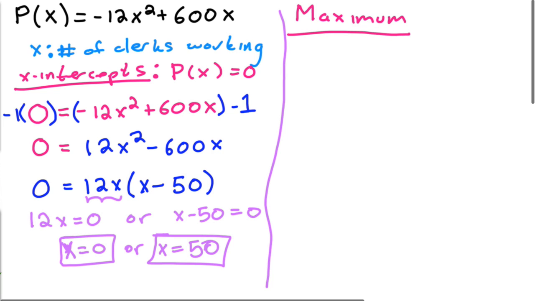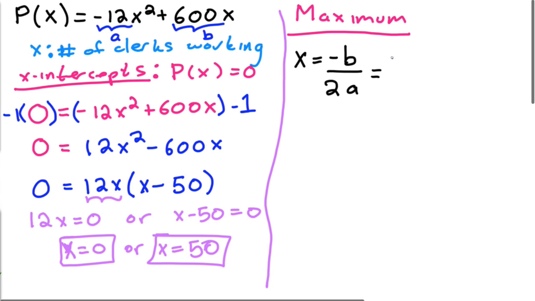Okay, now the second part asks for the maximum. For that, we're going to use the formula for the vertex. The x value of the vertex is equal to minus b over 2a. In this case, what is b? Well, in my quadratic form, 600 is b, and negative 12 is a.